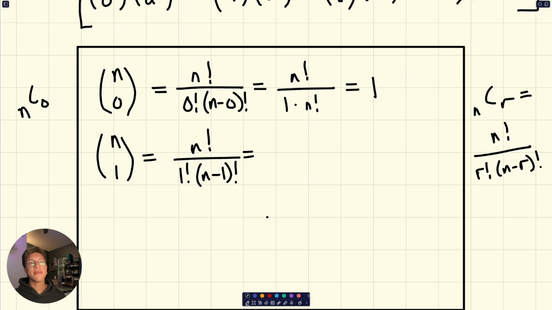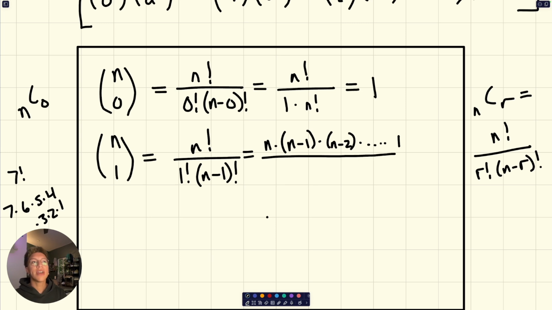In our next step, we have to do a little more simplification here. Keep in mind that n factorial is n times the number that's 1 less than it. So if you have 7 factorial, that's going to be equal to 7 times 6 times 5 times 4 times 3 times 2 times 1. So what's a number that's 1 smaller than n? n minus 1. And then we get n minus 2, and this is going to continue until it gets down to 1.